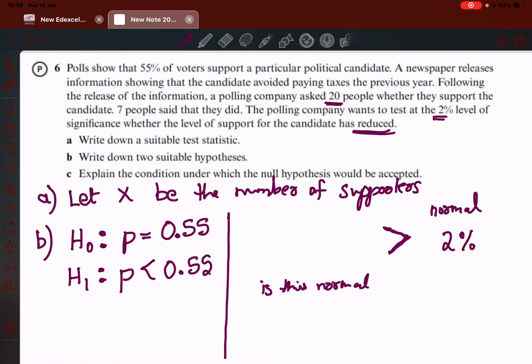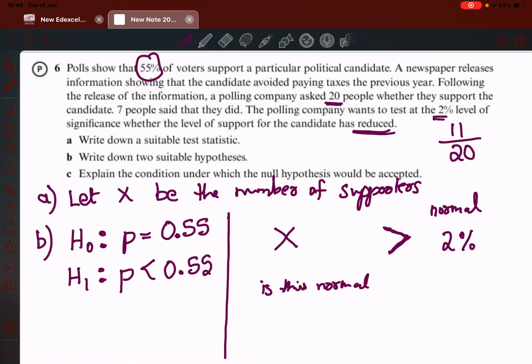So it has to be something with X. You are testing the number of supporters, and you would say, well, he got only 7 people, right? If you think 50% of 20, that is 10. So 55% would be somewhere around, let's say, 11. So if he got 11 out of 20, that was normal because the claim was he has support of 55%.